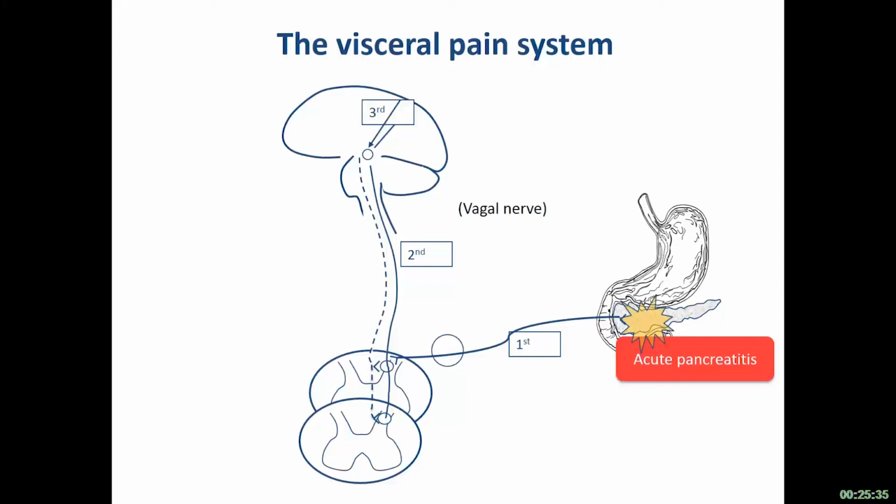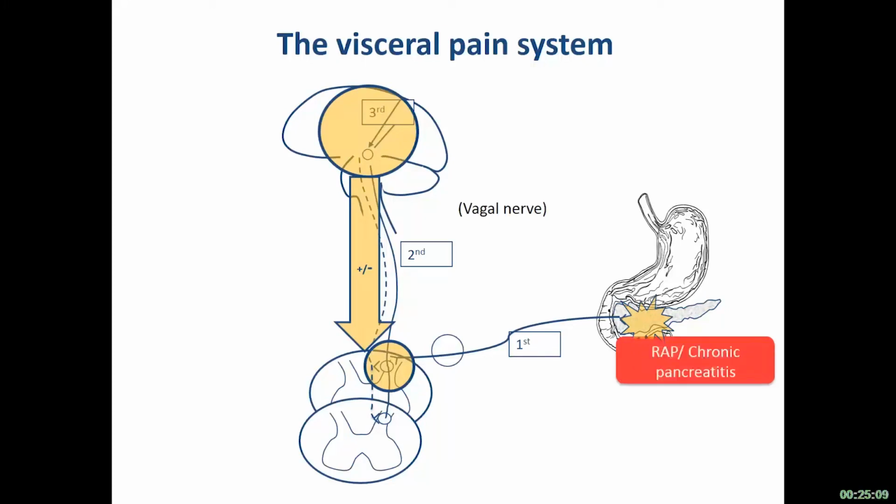This will be transmitted to the spinal cord and ascend via the ascending second order nerve to the brain, where it's ultimately perceived as pain. This may again activate descending modulatory pathways that in the normal physiological state likely will be inhibitory, whereby the brainstem exerts some sort of negative feedback loop. And this is a way that the brain can control the incoming afferent volley on the spinal level.